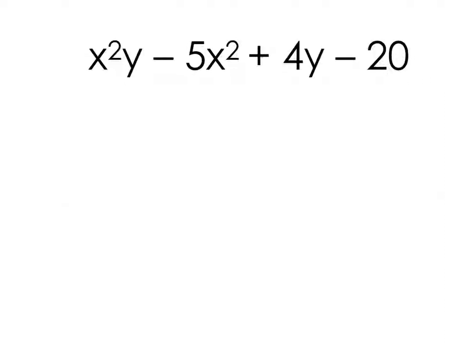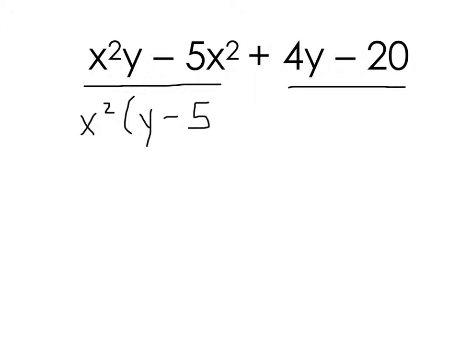4 terms indicates it's a good factor by grouping problem. Group the first 2, group the last 2. Look for the common factor, x squared, y minus 5. What's our common factor? 4, y minus 5.